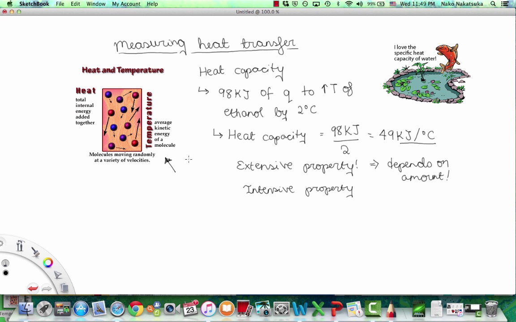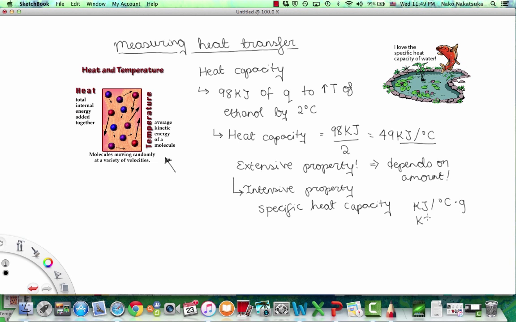Okay, so now moving on, if we divide the heat capacity by the amount of substance that is present, or grams, since remember it depends on the amount, then we have an intensive property called specific heat capacity. So now, since we're dividing it by the amount present, we have a unit of kilojoules per degree Celsius per gram.